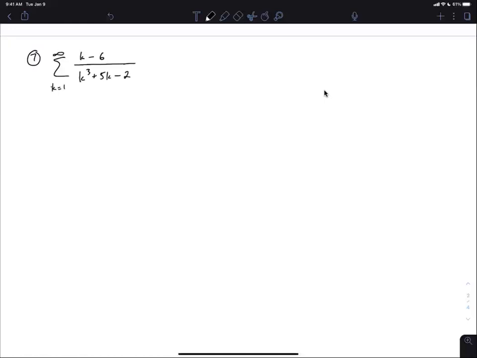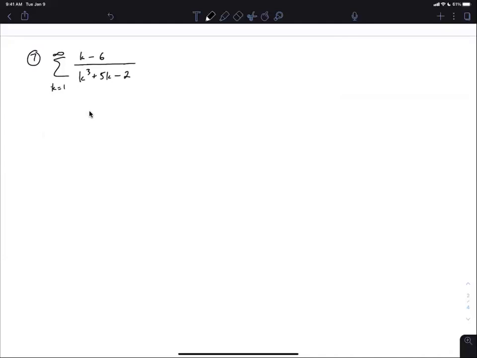But remember that we're looking at the infinite sum, meaning k is going to infinity. We talked a lot about sequences for that. If you think about what we thought about with sequences, what's actually relevant on top when k goes to infinity? The k, the 6, both of them, or what? Just k. Really just k.